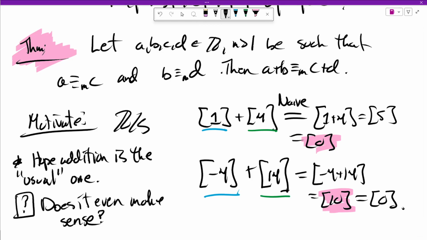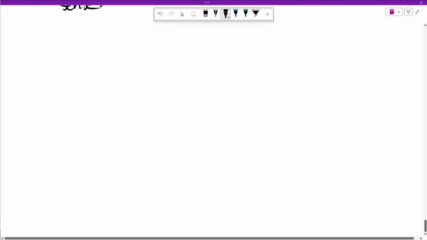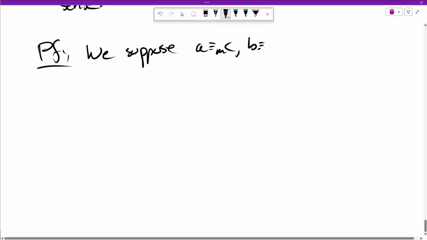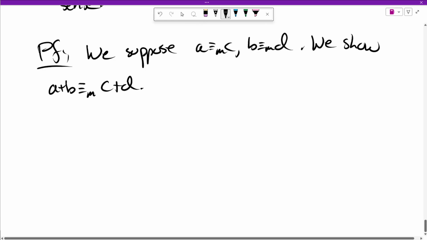So let's prove the theorem, and hopefully this will give you an idea of how these proofs go. Let me just write down the hypotheses real quick. So we suppose that A is congruent mod m to C, and B is congruent mod m to D. And then we show that A plus B is congruent mod m to C plus D. Okay, just quickly copying down the hypothesis, what we're assuming, and our conclusion, what we're trying to show.